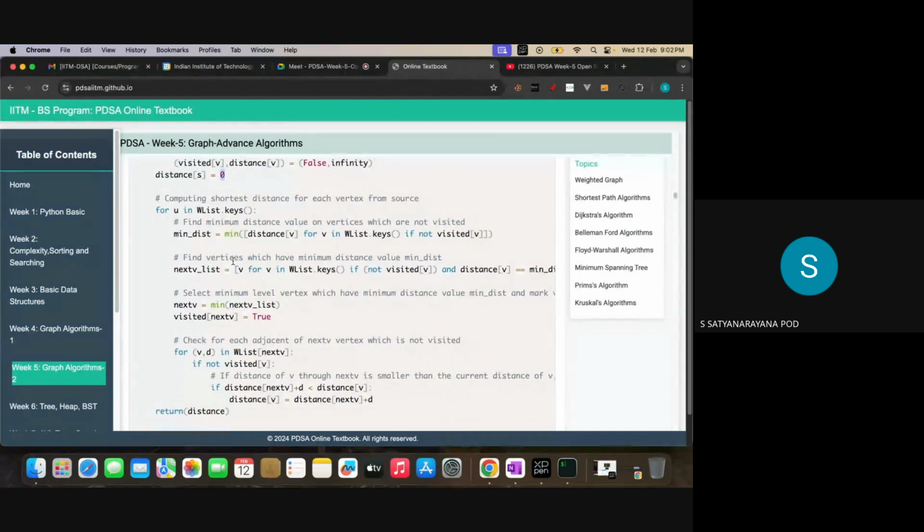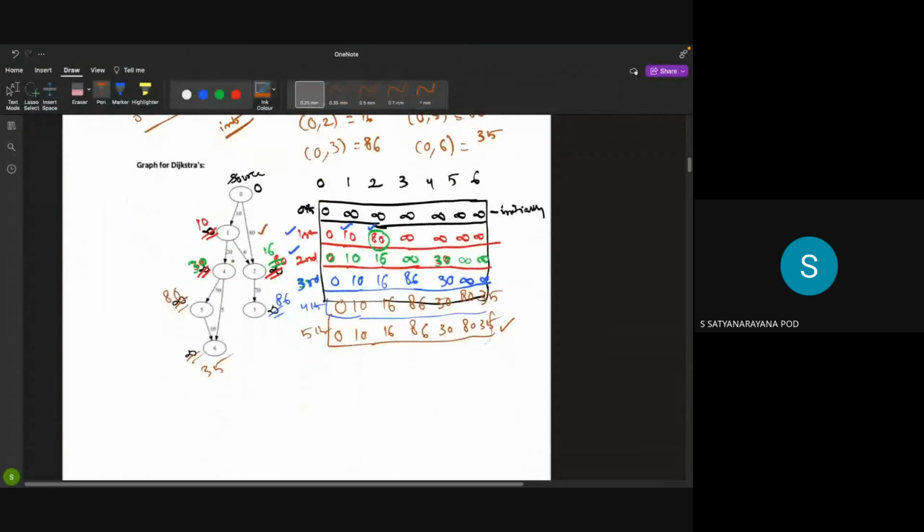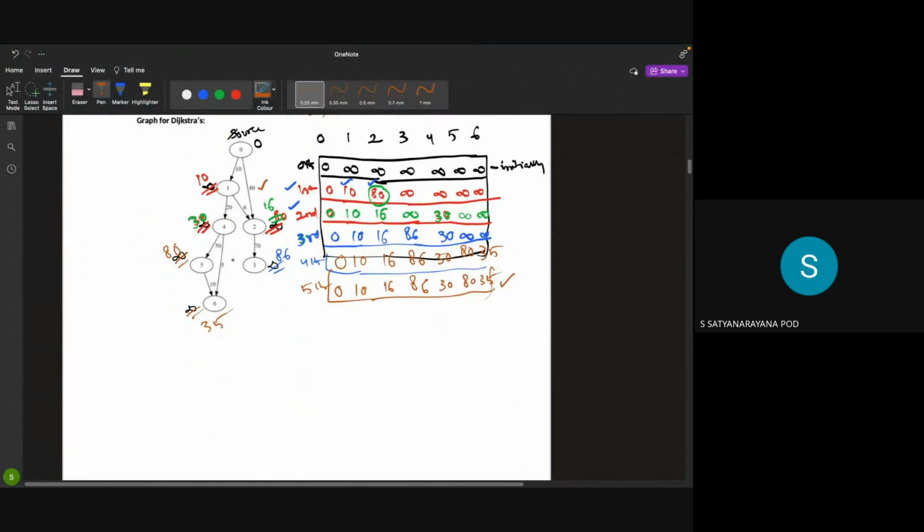Now computing the distance. The most important thing here is a very simple, constant formula. Of course, the code implementation is simple, but easy to understand and remember forever.